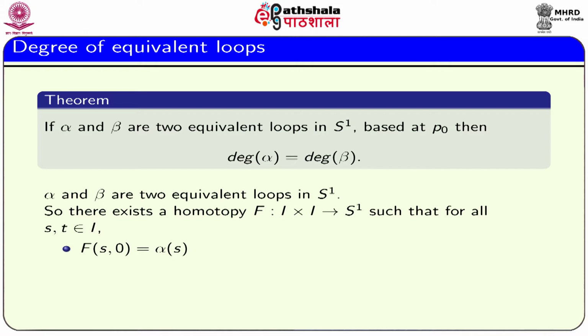Given that alpha and beta are two equivalent loops in S1, there exists a homotopy capital F from I cross I to S1, where I means the closed interval 0, 1, such that F(s,0) is alpha s, F(s,1) is beta s, and F(0,t) and F(1,t) for all values of t are equal to P0.